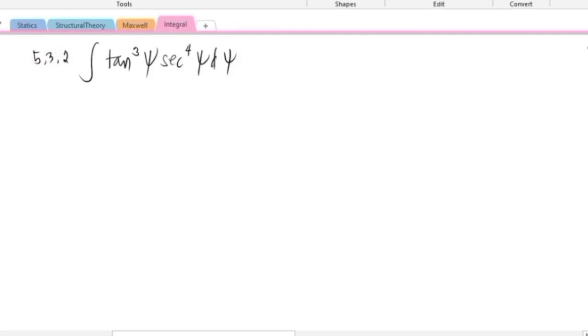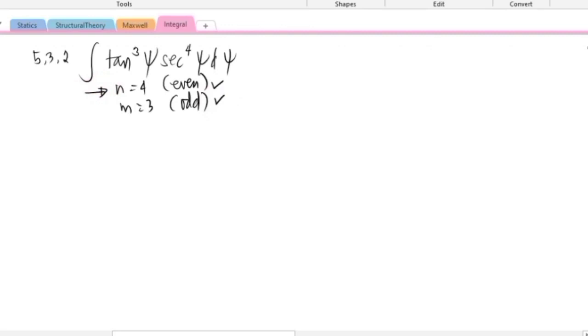So, kasi dalawa yung case natin. Your n is equal to 4, so that's even. And your m is equal to 3, that's odd. We have rule for n, which is even, and m, which is odd. So, dalawa yung computation na gagawin ko. Uunahin muna natin itong case na to.